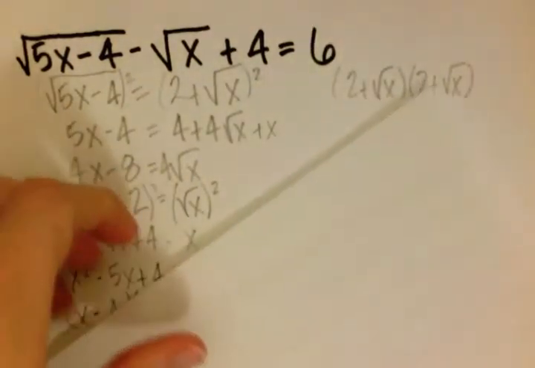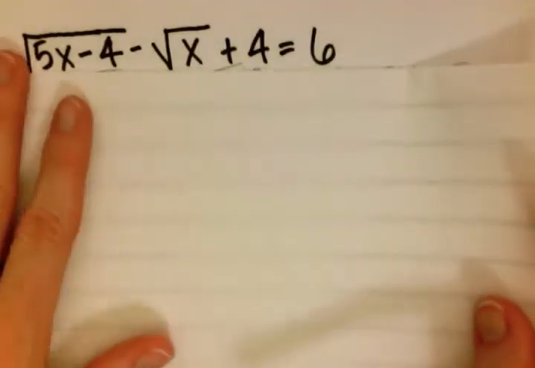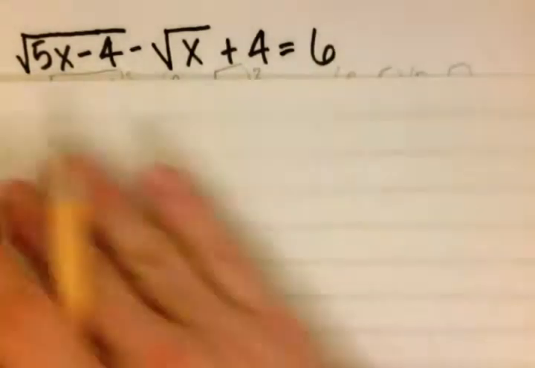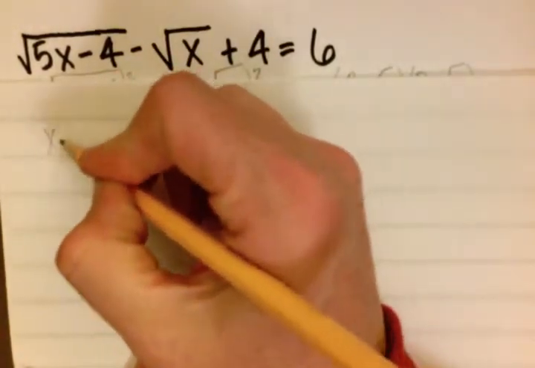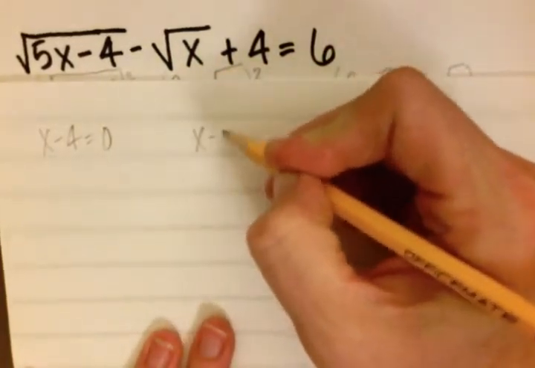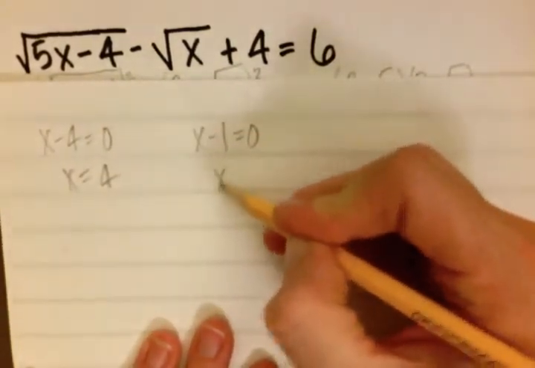So we're down to x minus 4 and x minus 1 equals 0. We remember that we always want to put that against 0, and that's how we solve for x. So x equals 4 and x equals 1.